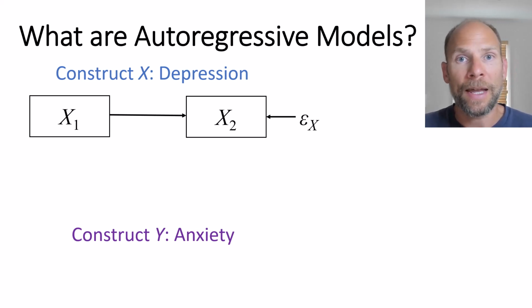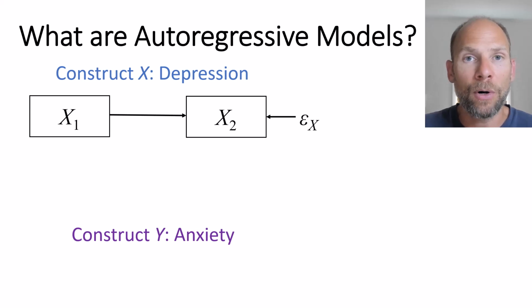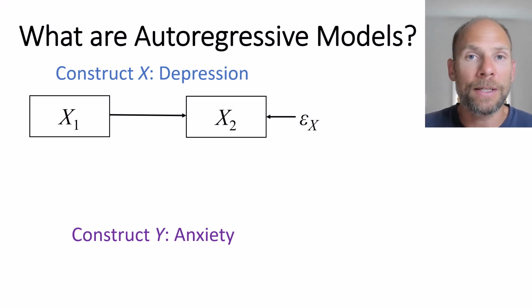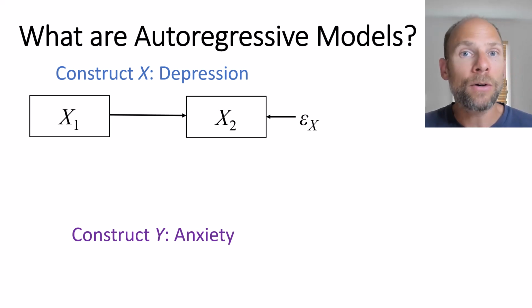That has the advantage that we have a model where we have temporal precedence. Both variables are measured at both time points, and we can take a look at the longitudinal relationship while controlling for the autoregression of each variable on itself.